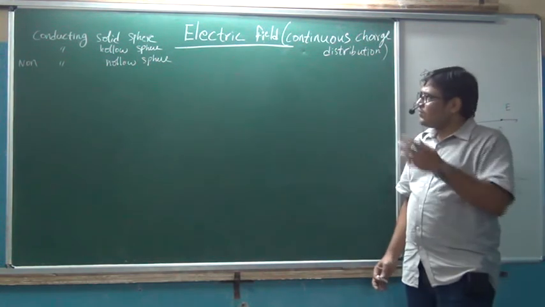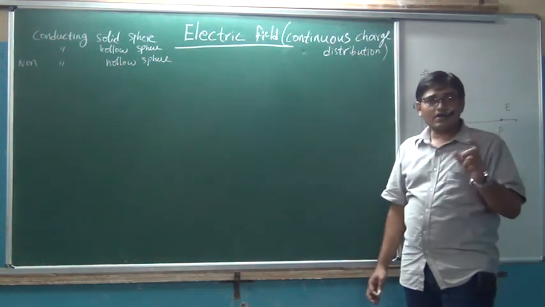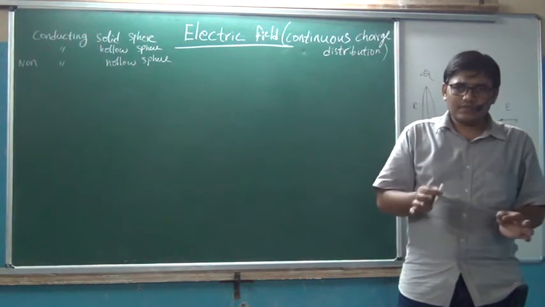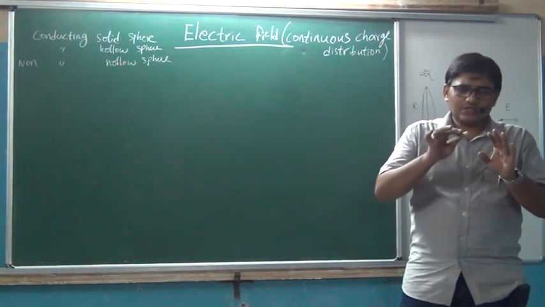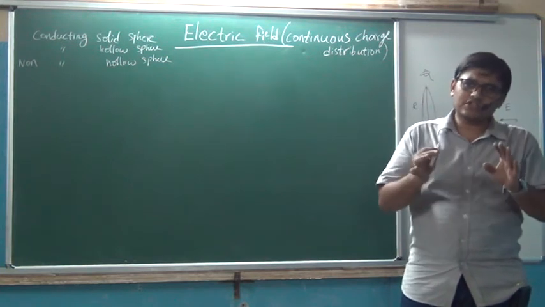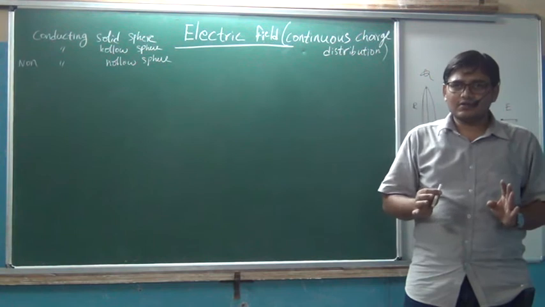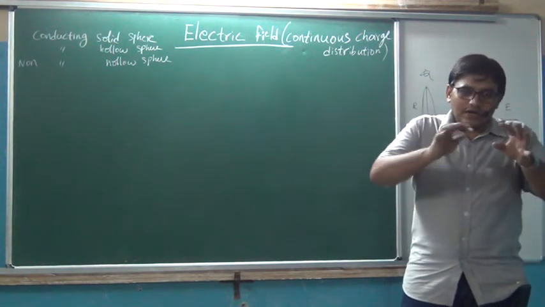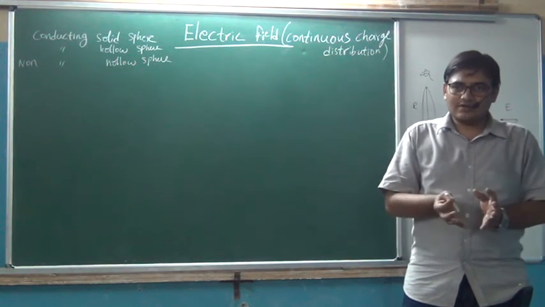And what about the non-conducting hollow sphere? Yes, it is a thin shell. If you give charge on a non-conducting material, how does it move? It will stay where it is, so I am distributing it uniformly on that non-conducting thin spherical shell.